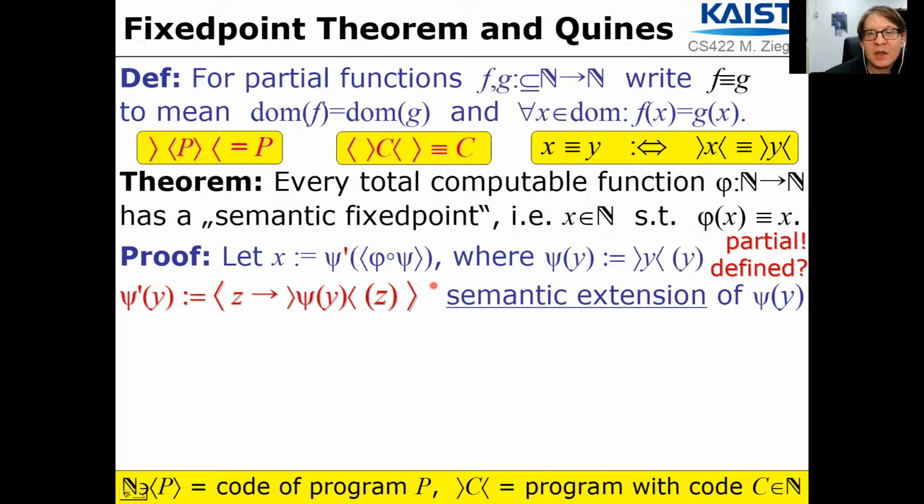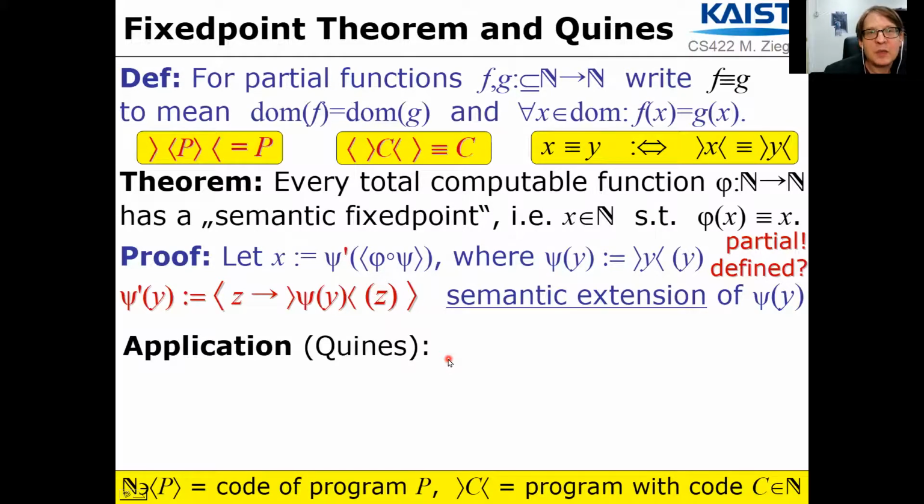So of course, the video recording and the slides are all available online. Let's now move on from this proof to an application of this fixed point theorem. And the applications are the Quines that you kind of already found and constructed ad hoc in the initial quiz.